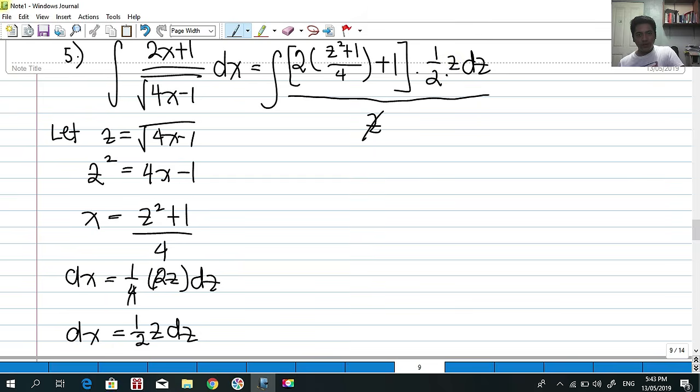The z here will cancel. We can factor out 1/2 outside of the integral, I mean this 1/2, so this would cancel. 2 over 4 is simply this. So that should be the integral of (z squared plus 1) over 2, plus 1.